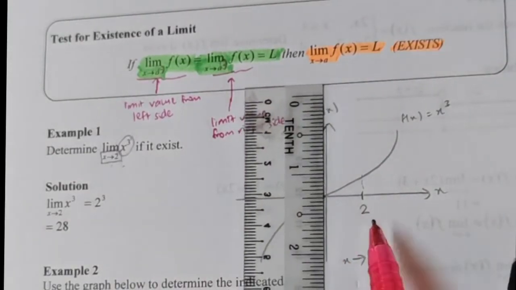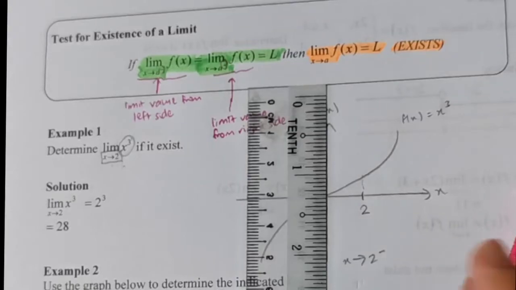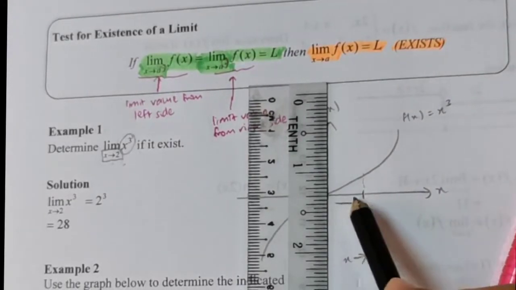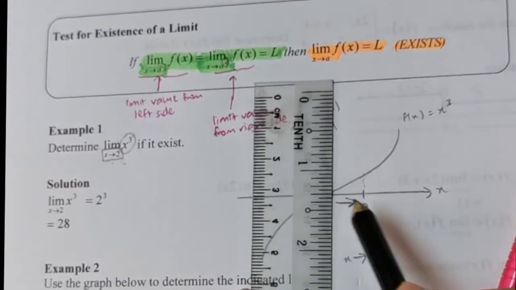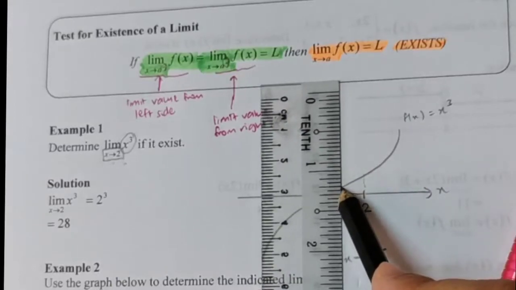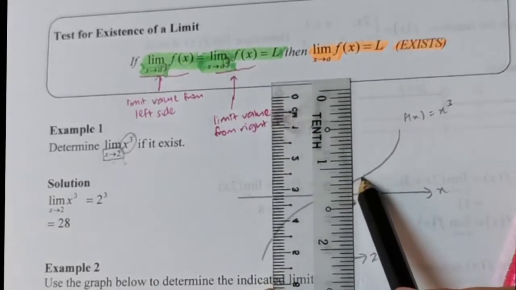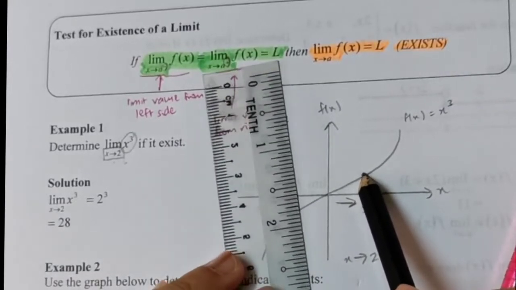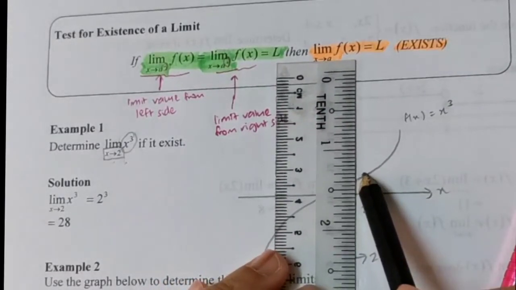Okay, so this is the value x equal to 2, right? So this is not y. What will be the value of our limit? That will be the y, right? So let's take a look. From the left hand side of 2, when I move my ruler, the value of y will reach this point. And what is the value of the limit at this point?